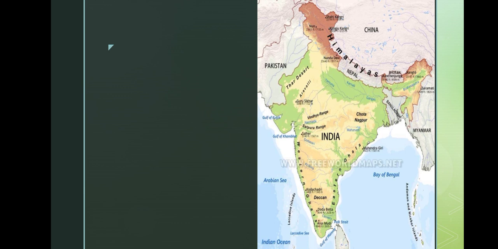Here you can see the map of physical India. The longitudinal extent of India is 68 degrees 7 minutes to 97 degrees 25 minutes east, a difference of almost 29 degrees.